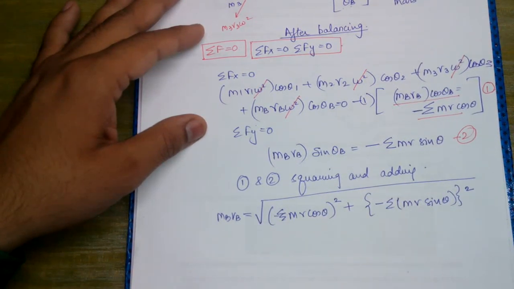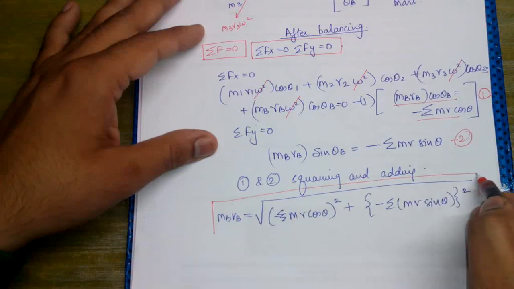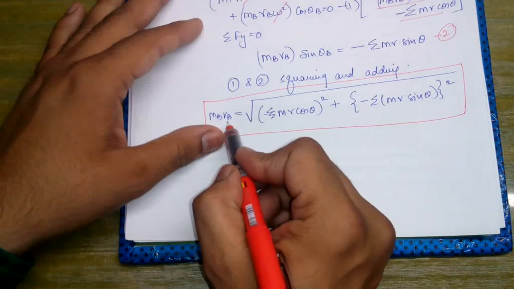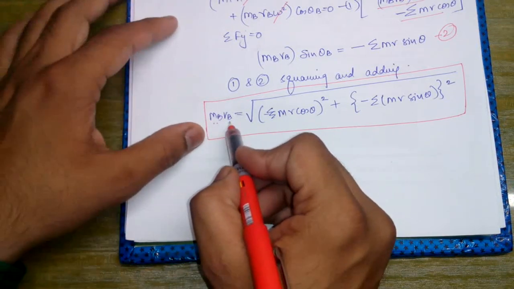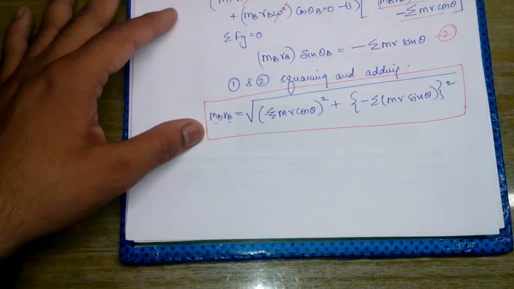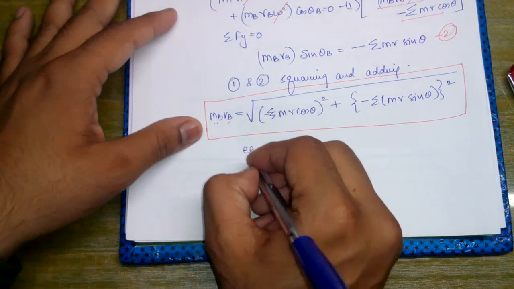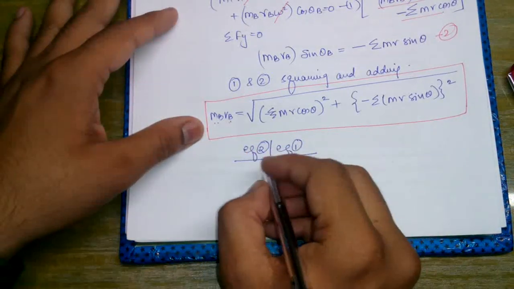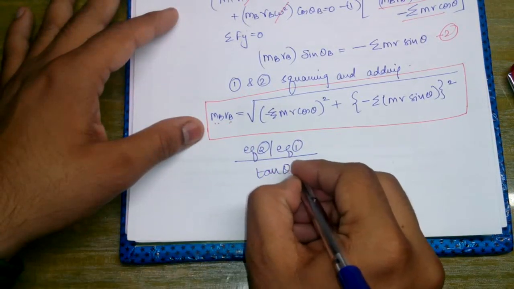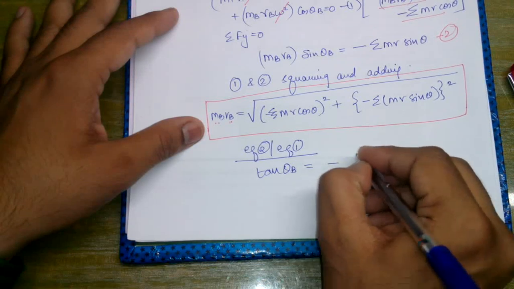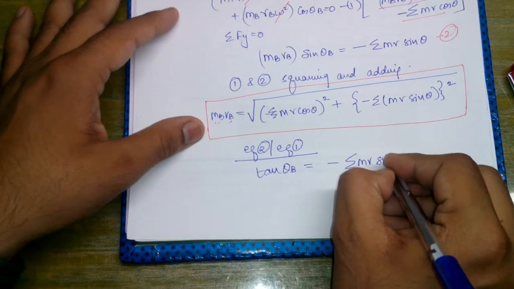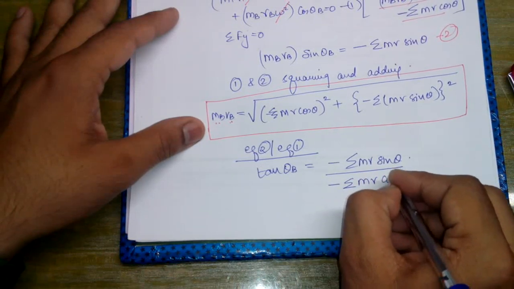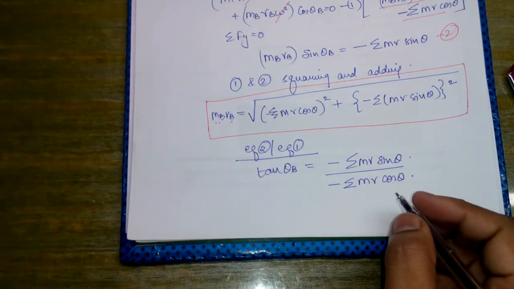This is how we find mb into rb, and generally one of them is given, either the mass or the radius, so we can easily find the other unknown quantity. If we divide equation 2 by equation 1, we obtain tan theta b is equal to minus summation mr sin theta upon minus summation mr cos theta.